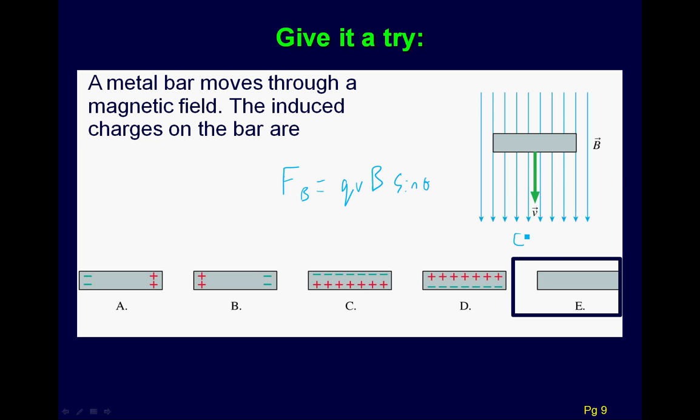And here, that angle is 0. So sine of 0 equals 0, and so the force is 0. Another way we've talked about this is that whenever the velocity and the B field are in the same direction, there's no force on the charges, and so this bar won't have any charge distribution on it.